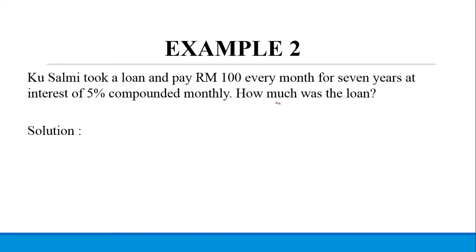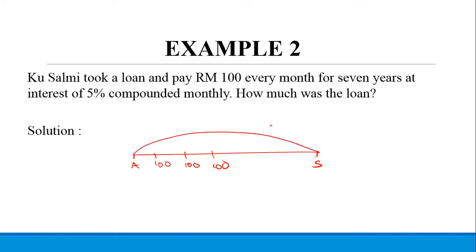Let's say Kusami took a loan and pays 100 every month for 7 years, interest 5% compounded monthly. How much is the loan? Here I use A, it should be P, so every 1 month you pay 100 for 7 years, which is r equals 5%.